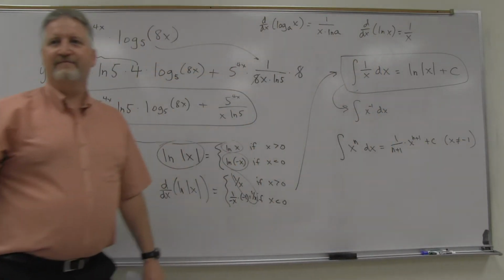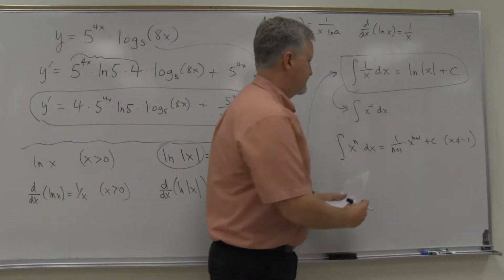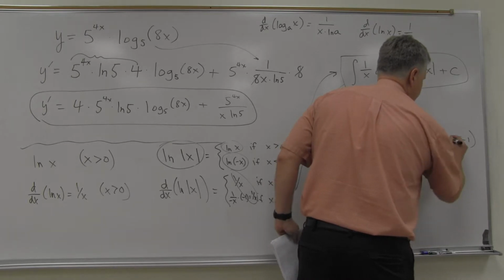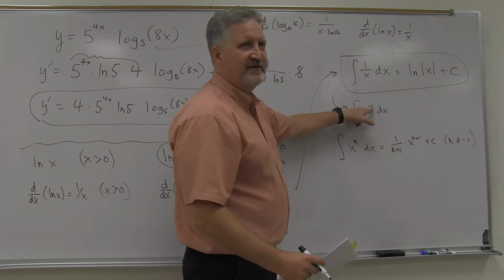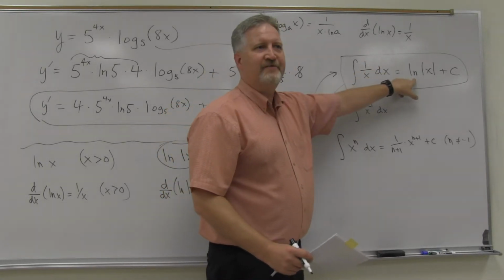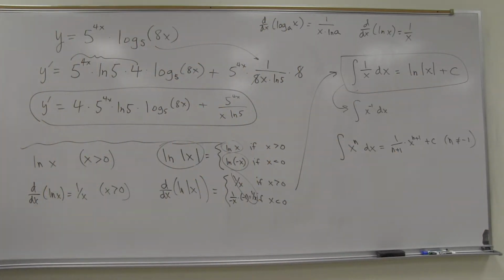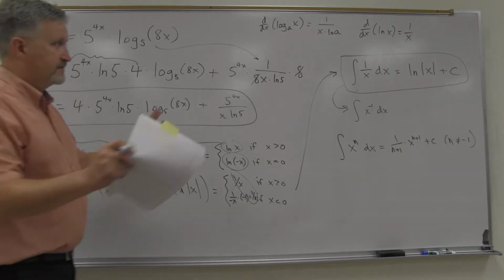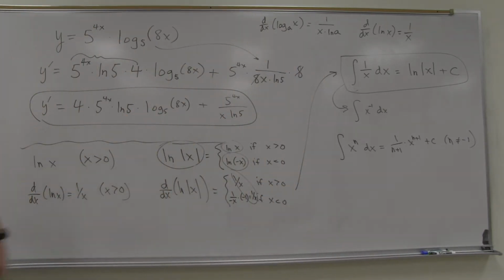This is the missing piece. Now we know what happens when n is negative 1. It turns into natural log of absolute value of x. It works for positive and negative x's, just not 0, because the function isn't defined at 0.